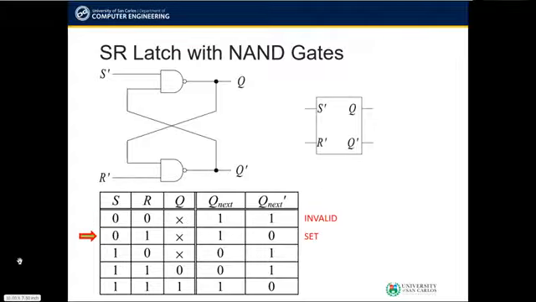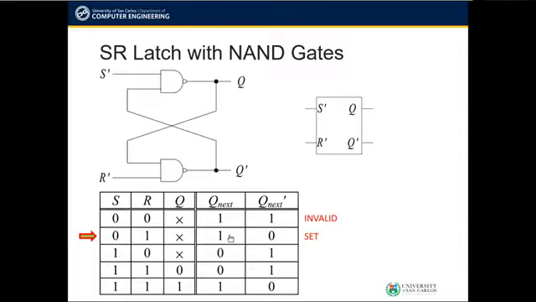Here we can see that when the present SR inputs are 0, 1, the next value of Q will always be 1, regardless of its present value as shown here by X. If Q is 0, Q next will become 1. If Q is 1, Q next will remain 1.